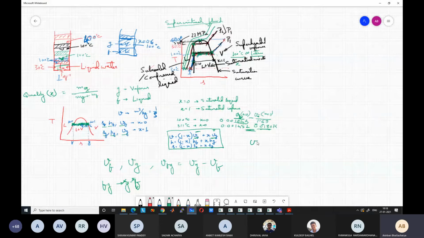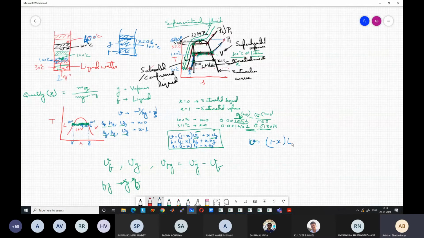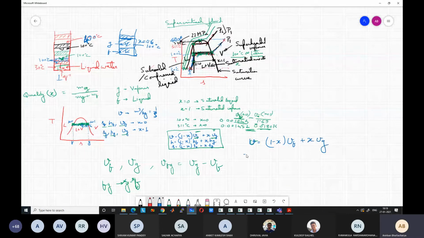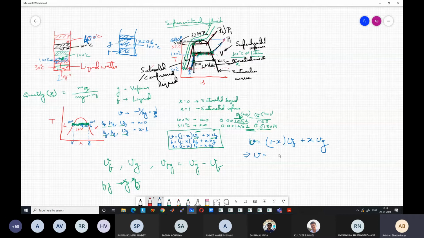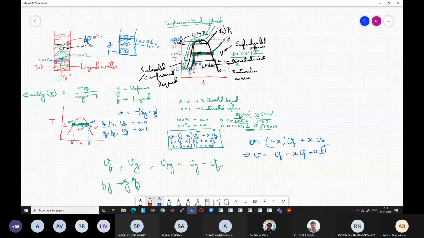We have derived a relation, V is equal to (1 minus x) Vf plus x Vg. We have not derived, we have defined. This can also be written as V is equal to Vf minus x Vf plus x Vg, or V is equal to Vf plus x into (Vg minus Vf).